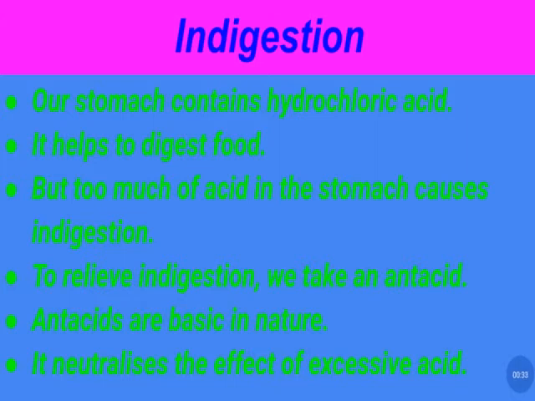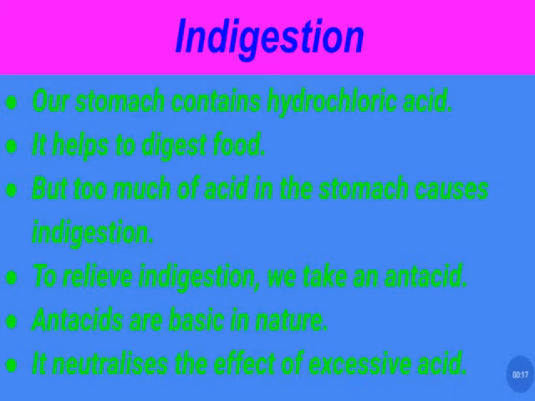But too much acid in the stomach causes indigestion. That's why you feel the irritation in your stomach. Sometimes indigestion is painful too. To relieve indigestion, we take an antacid such as milk of magnesia, which contains magnesium hydroxide.